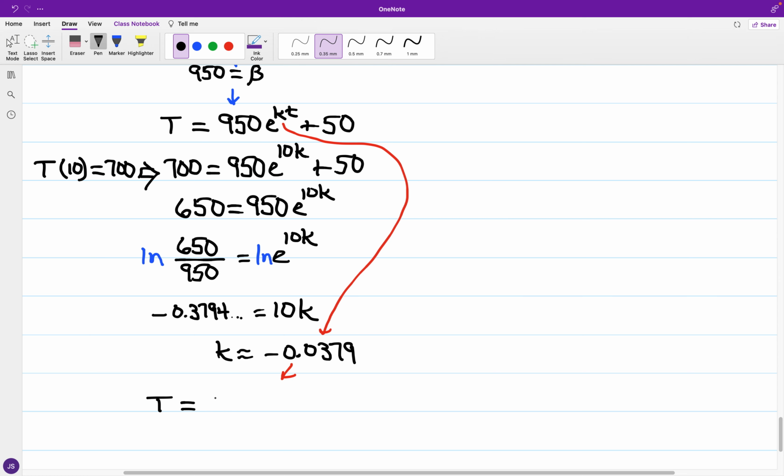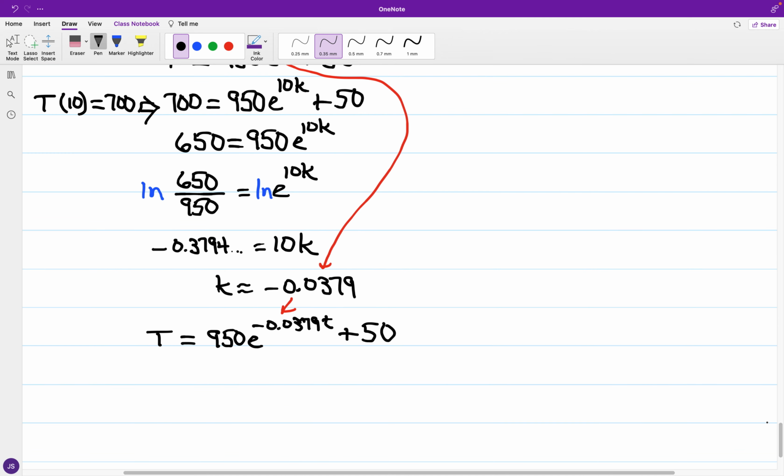So we now have T equal to 950 times e to the negative 0.0379t plus 50. And now we have the capacity to determine roughly how long it's going to take for the object to cool down to 200 degrees Fahrenheit.